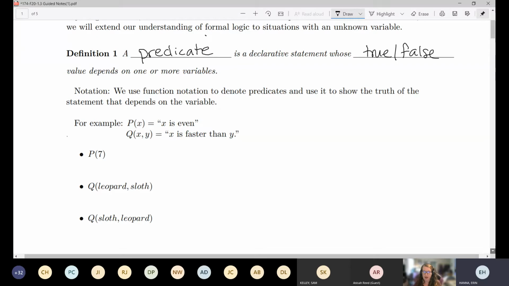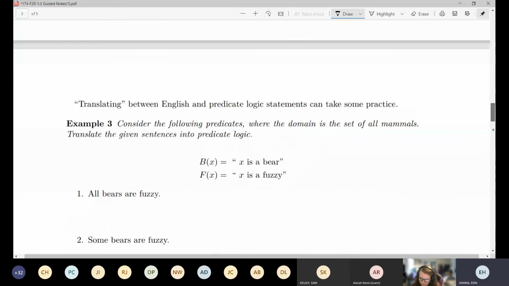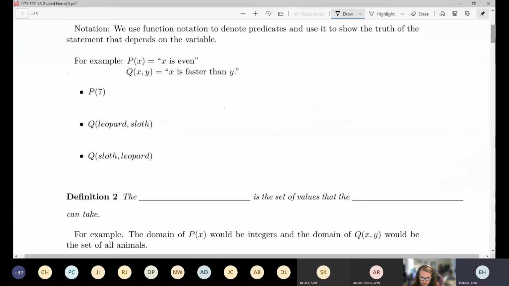So as just generic statements, since those are free variables, they wouldn't be considered a statement. But once we add on this little predicate piece where it's going to depend, we're actually going to let this be a value. It's then going to turn it into a statement that's either true or false. So what I mean by that is, say P of x means that x is even.